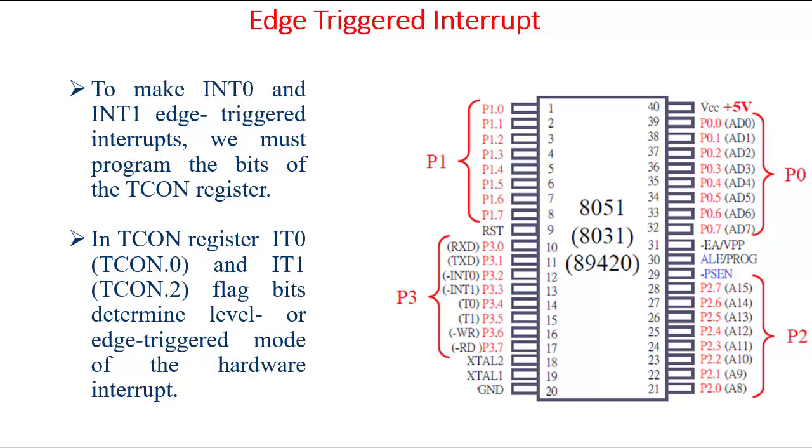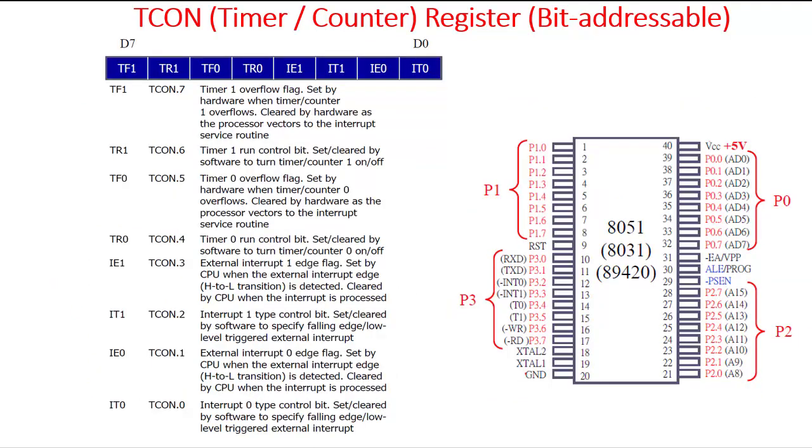Next, coming to edge triggered interrupt. Using edge triggered interrupt, note that the IT0 and IT1 bits should be set as logic 1. Now where are IT0 and IT1? They are inside the TCON register, the timer counter control register.